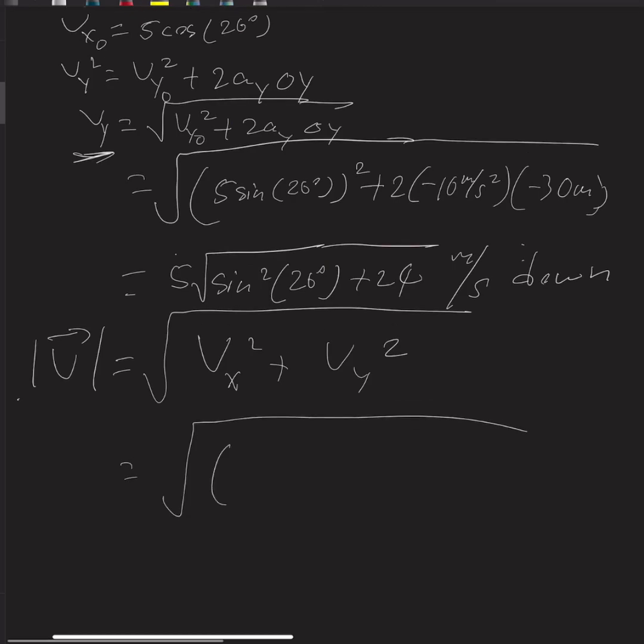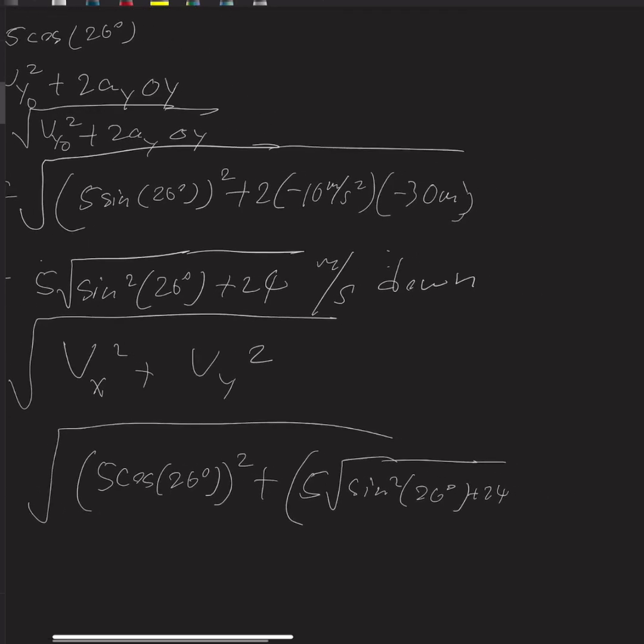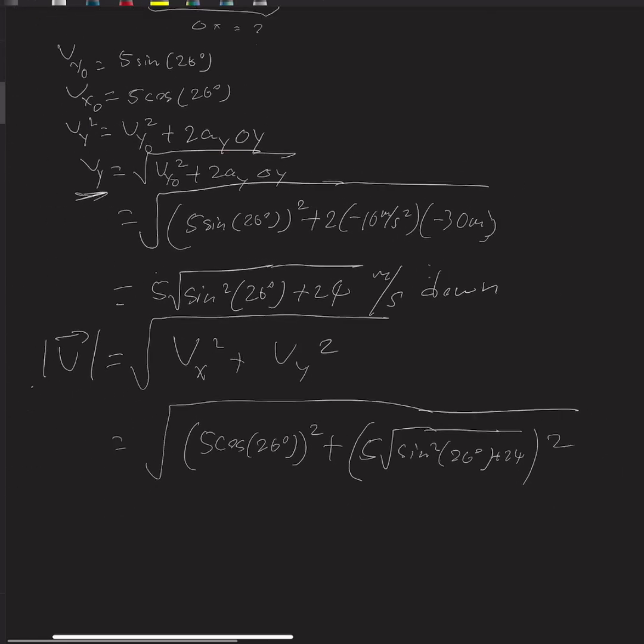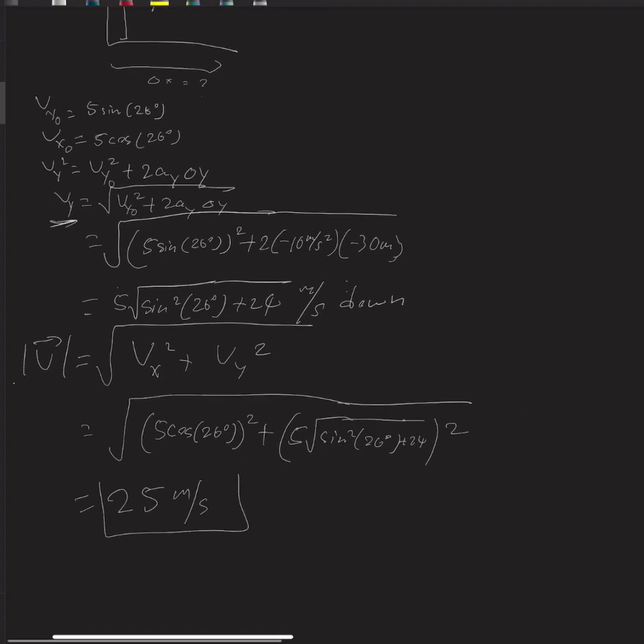So that's the square root of (5 cosine of 26 degrees) squared plus Vy squared, which we just solved for, (5 times the square root of sine squared of 26 degrees plus 24) squared. That is actually exactly equal to 25 meters per second. And that's our result here.